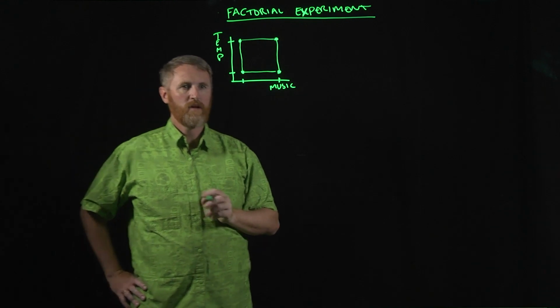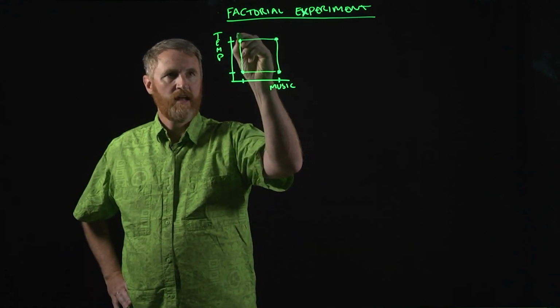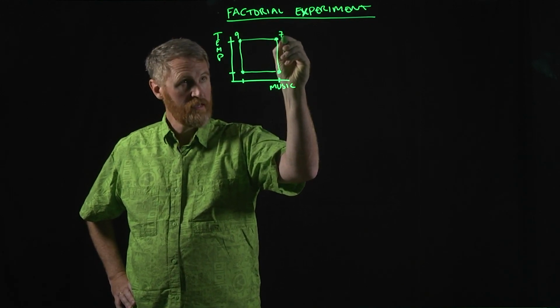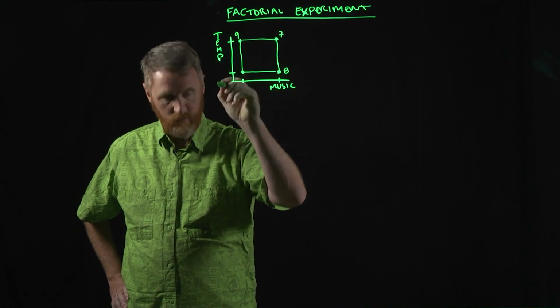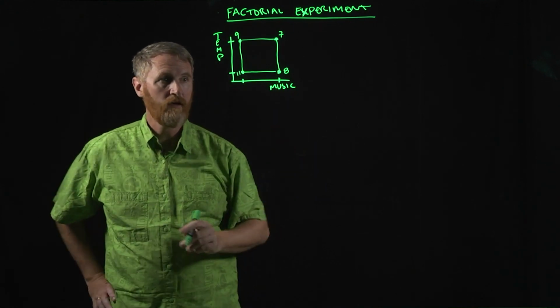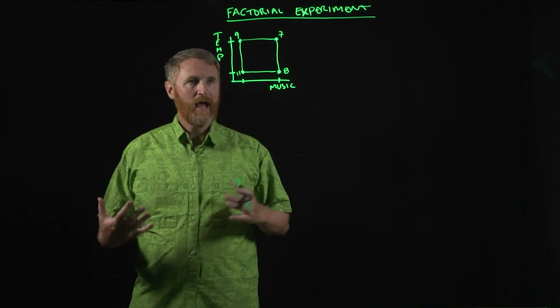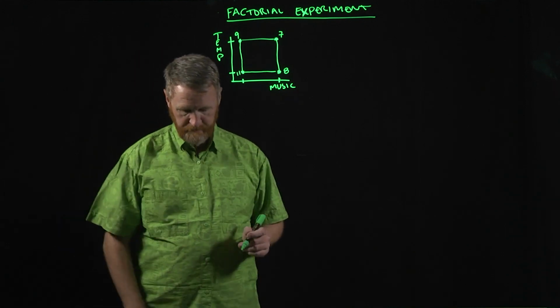So let's say I'm going to run 2 miles and I'm going to record the times. And I did this at 9 minutes, and this was at 7 minutes, and this was 8 minutes, and this was 11 minutes, okay, for those time frames. So how do I analyze the data from an experiment such as this?